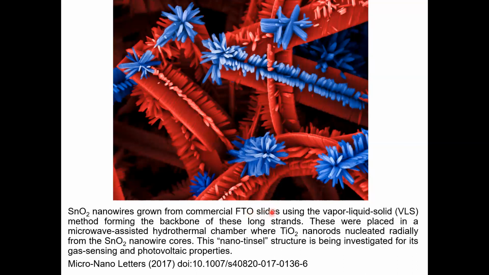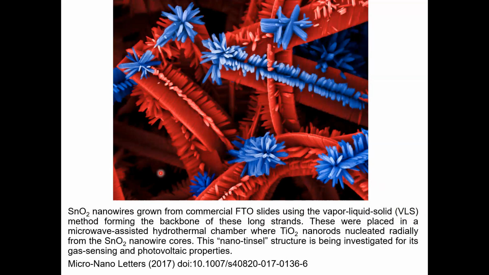So these are commercial substrates that are available. We used a VLS technique that I talked about in the first nano lecture to grow tin dioxide nanowires. So there are tin dioxide nanowires along the core here, tin dioxide nanowires here, tin dioxide nanowires along the core.